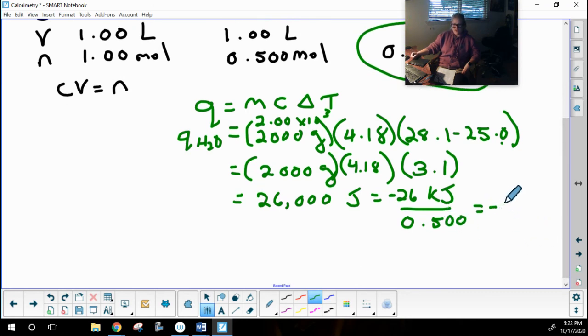And so this reaction released 52 kilojoules of heat per mole. And that is going to be my enthalpy. Negative 52 kilojoules per mole.